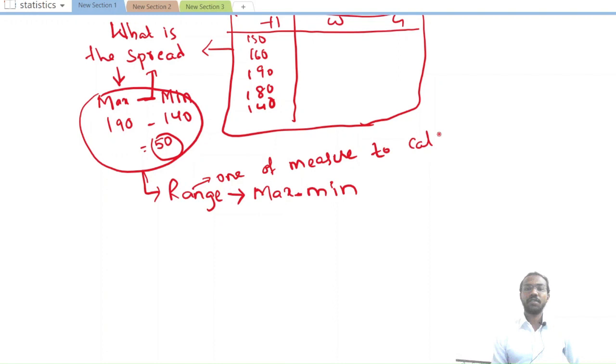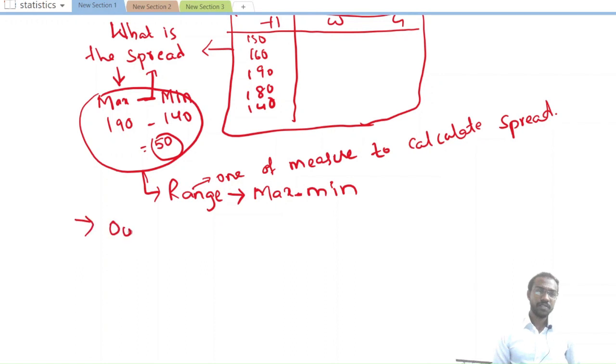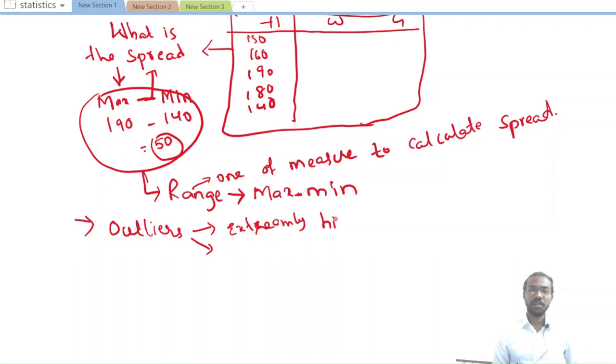Now the point is, do you know about outliers? Hope you remember the previous concepts. Outliers are nothing but extremely high and extremely low values. Now, if our data contains outliers while calculating the range, what will happen?